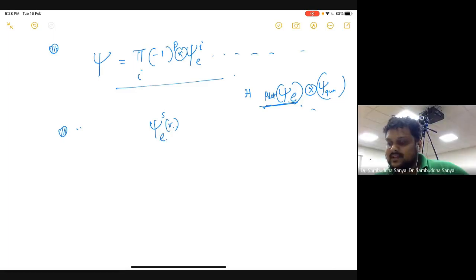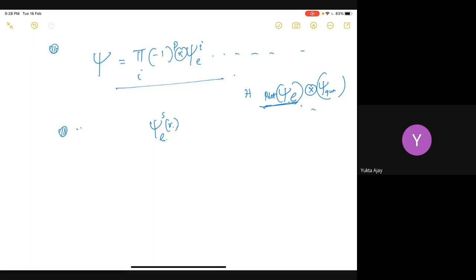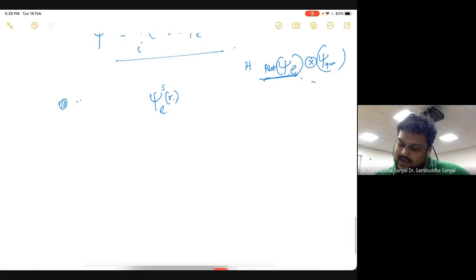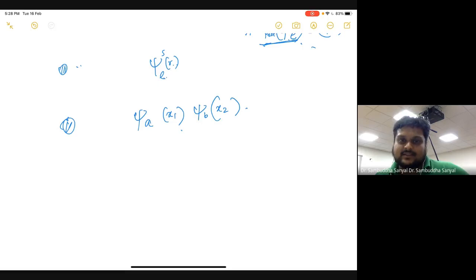So if I have, for an electron, the wave function, let's forget many electrons and just think of two electrons. Okay. So if it is psi a x1, it is the single particle state of the first electron, and this is the single particle state of the second electron. So that is your complete wave function if they are distinguishable.